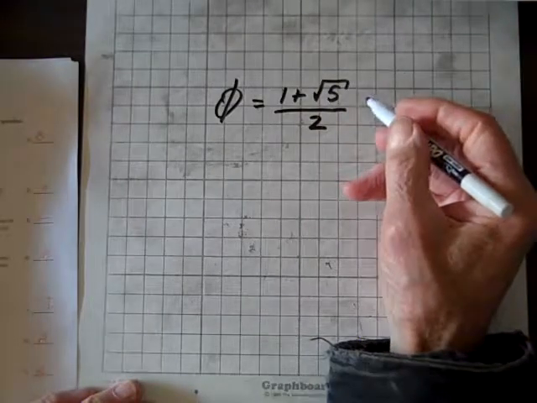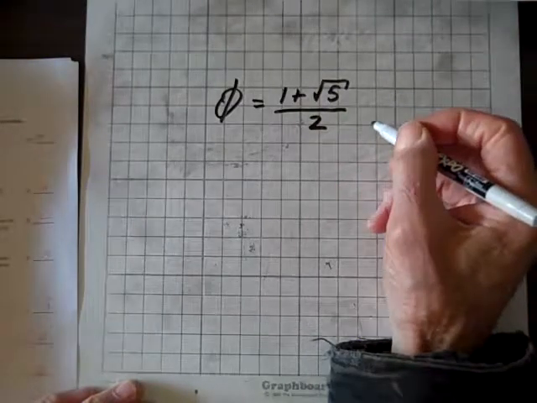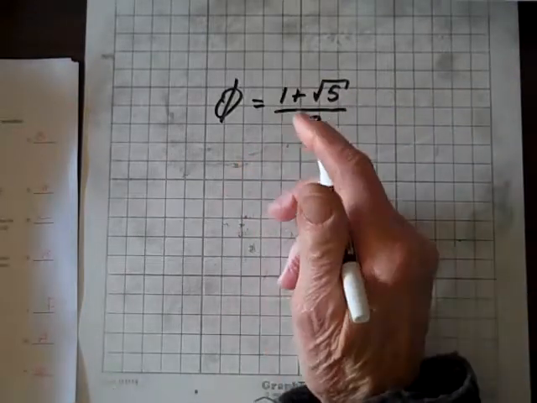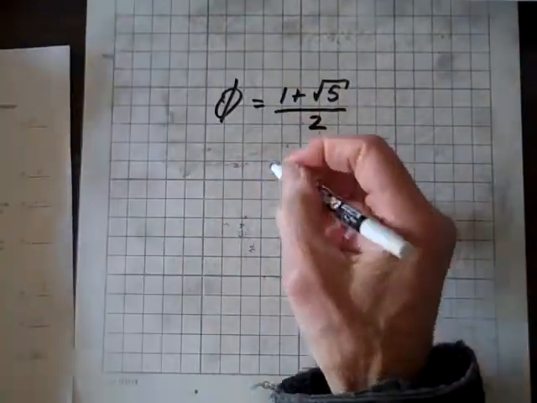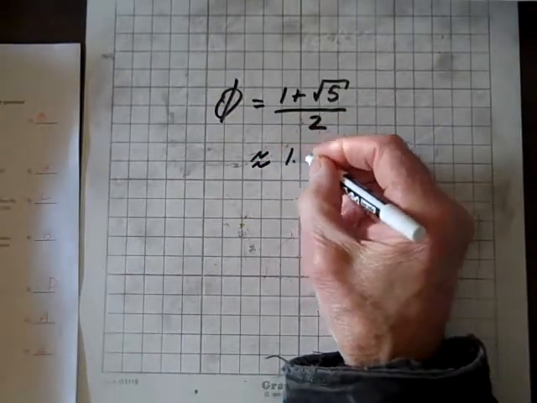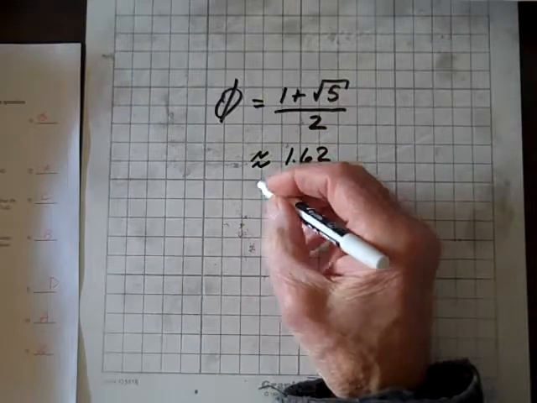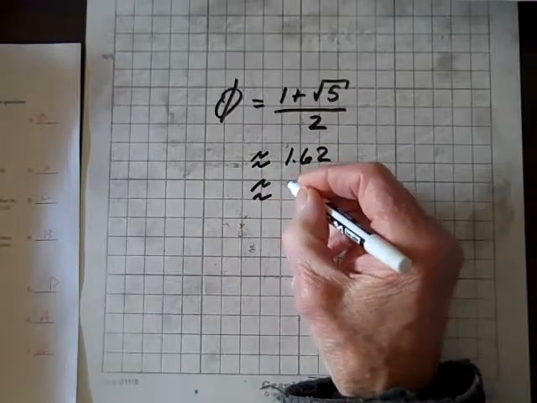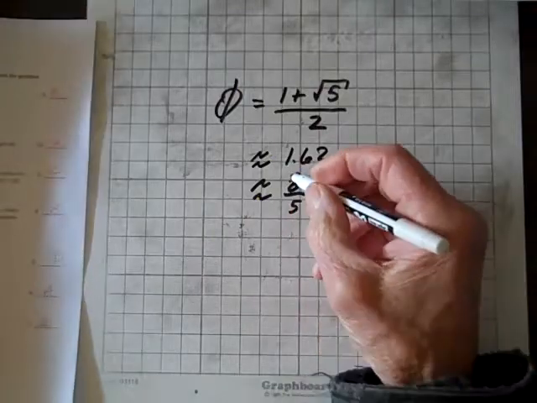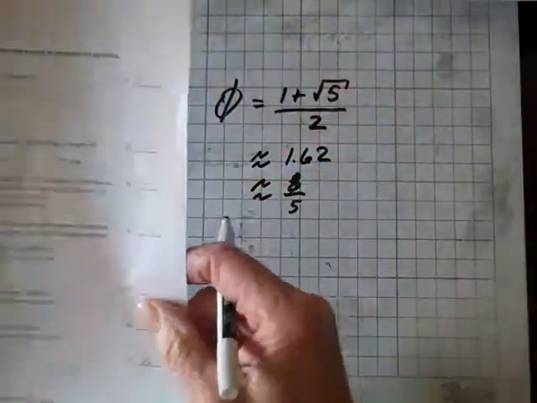If you put it in your calculator, it'll take it out to about 7 digits, but it goes on forever, never repeats. And notice we approximate that by saying it's 1.62, which is approximately 8/5, which is a nice easy way to recall.